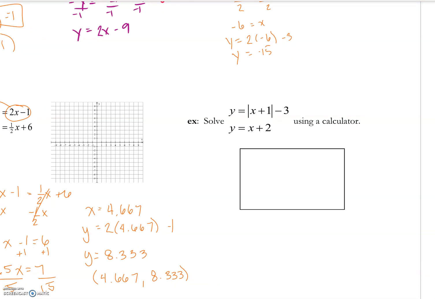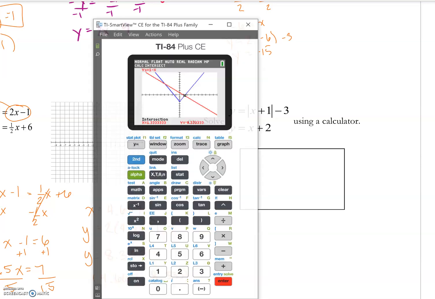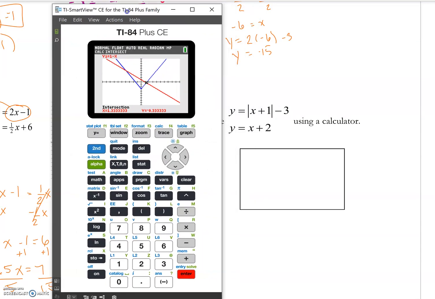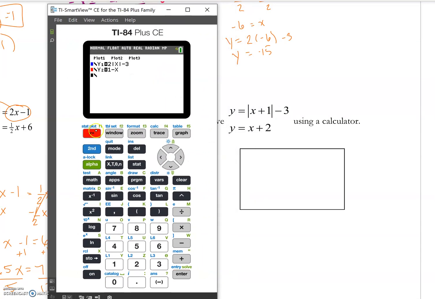And lastly, solving this system on your graphing calculator, it's very similar. We're going to use our graphing calculator again. We'll go to our y equals, clear out whatever's in there, and graph these two functions. So the first one is an absolute value, so I hit math, go over to number. Number 1 is absolute value, and we're going to type in x plus 1.